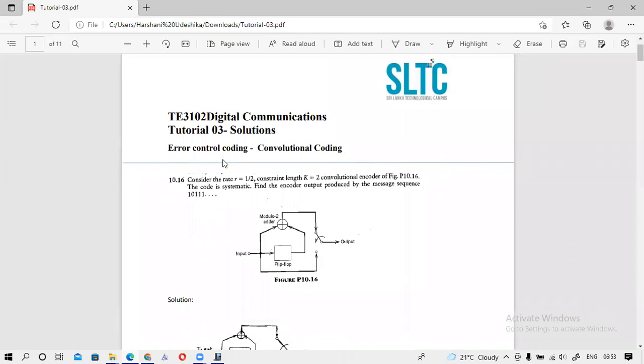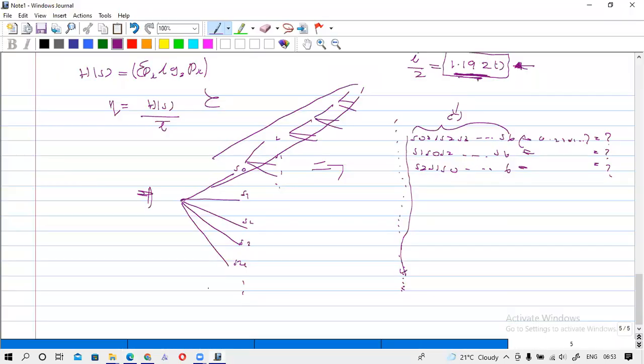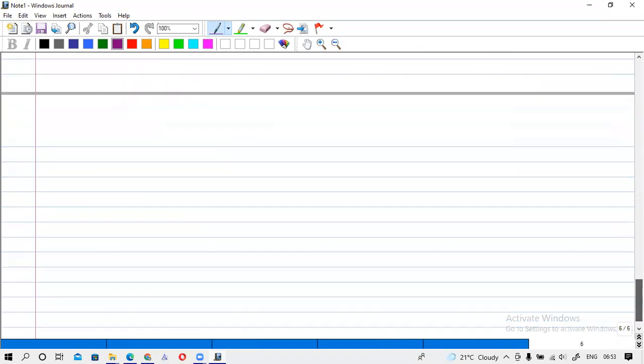So you can see that tutorial 1 is related to Huffman codes, that means data compression techniques. And tutorial 2 and tutorial 3 will be based on error correction.